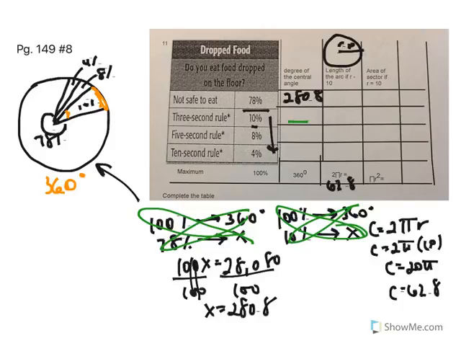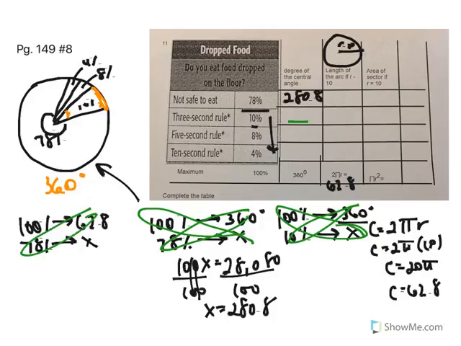So now we're going to set up the exact same ratio that we set up for degree measures, except this time with the maximum circumference as our 360. Okay, so now we have 100% is to 62.8 as the percentage point given, so 78% is to x, arc length.